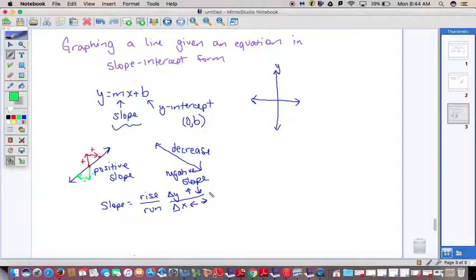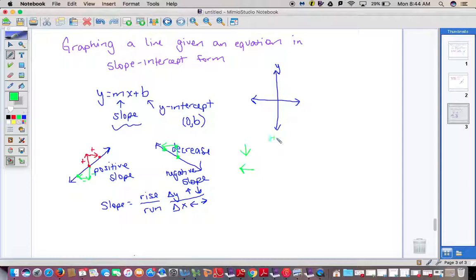Now, a negative slope means that we have one direction that's going to be negative. A negative direction either means that our y value is negative, so we're going to go down, or our x value is negative, so we would go left. But you can't have both, because both mean that it's positive, right? A negative divided by a negative is positive, so only one of those can be negative. Again, we can look at a negative slope. To find this point, we would go up, which is positive, and to the left, which is negative.